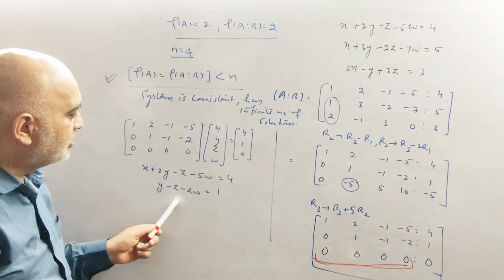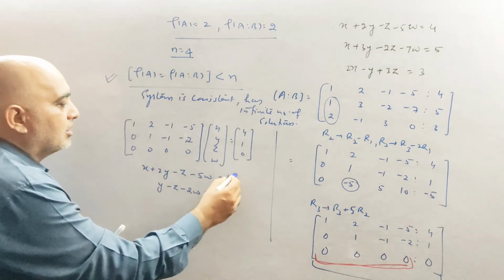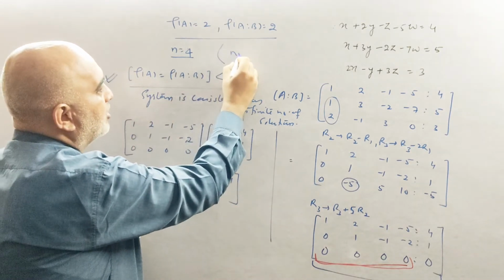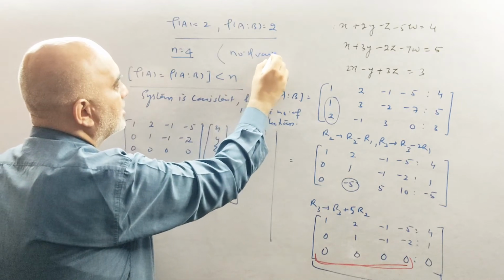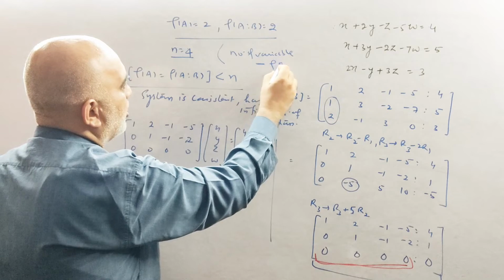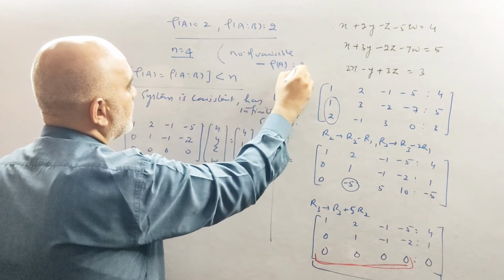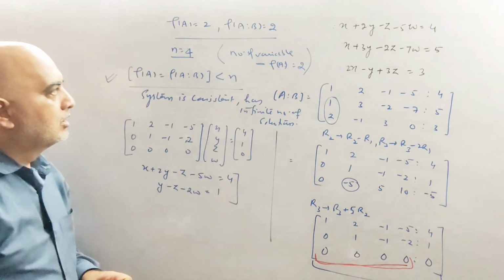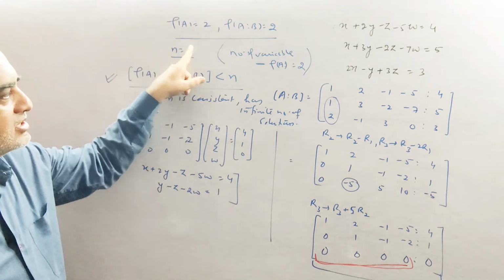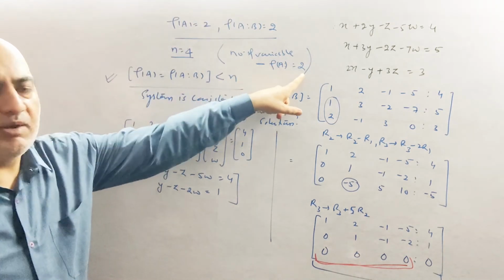So what will you do in this case? Here, how many variables are there? 4, right? The number of variables minus the rank of A, that is 4 minus 2, gives 2.